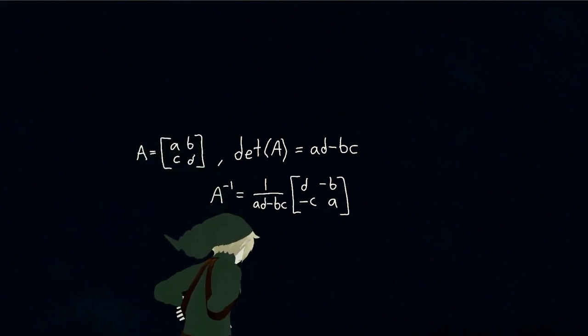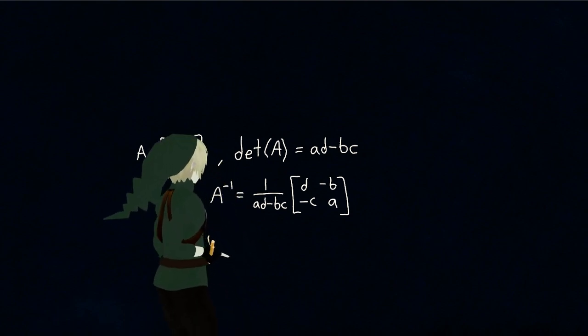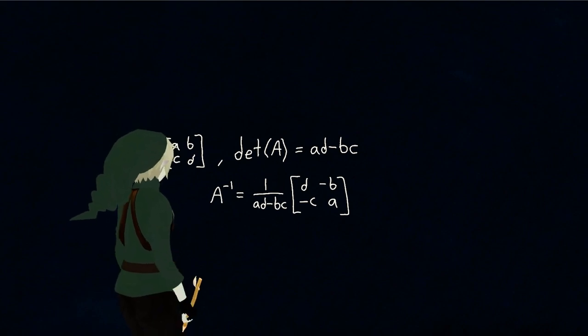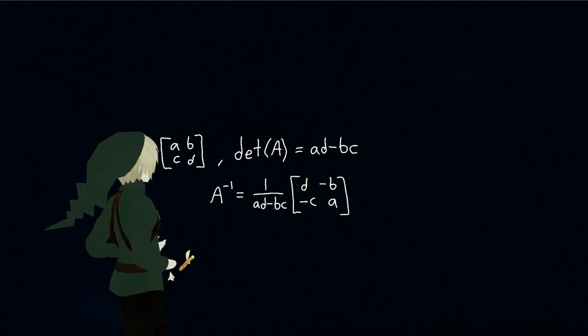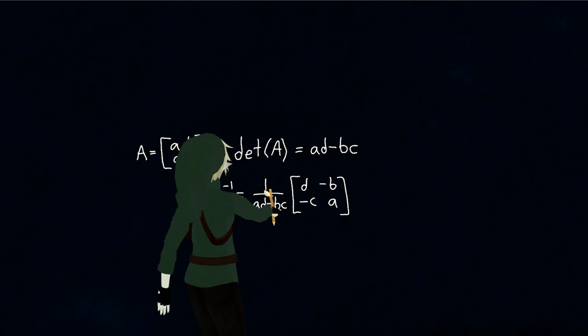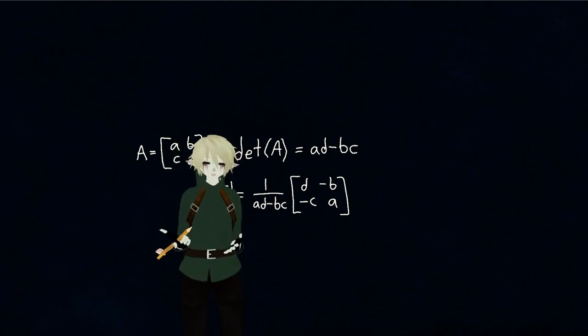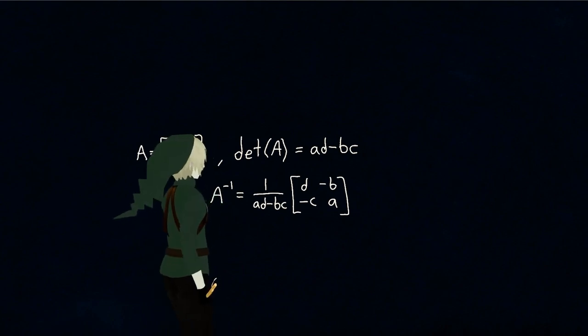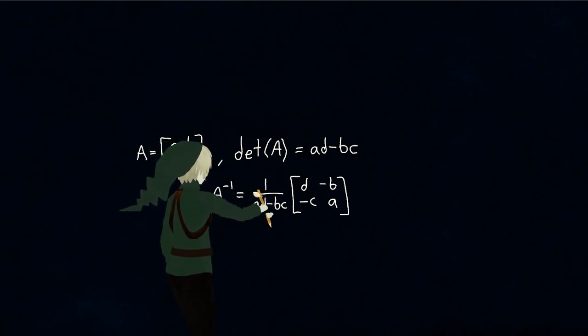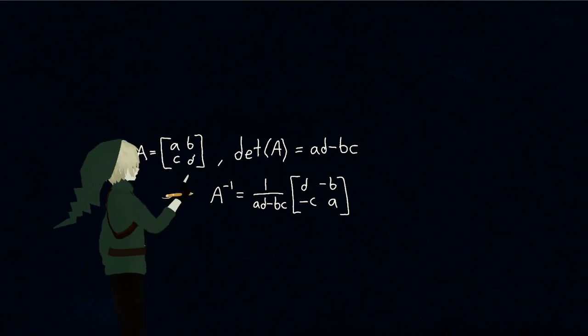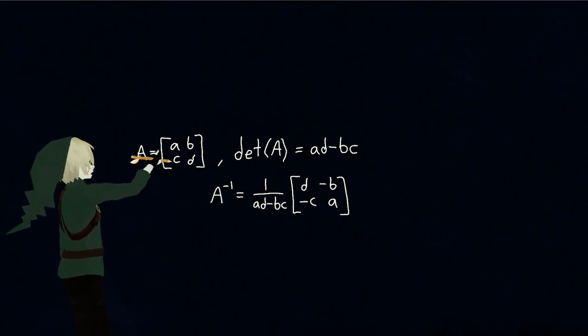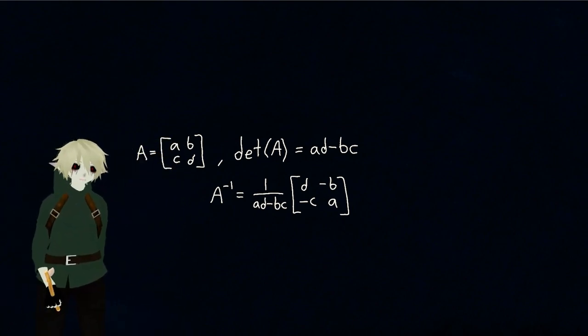Let me actually double check. Yes. Okay. So we call this portion the determinant of A. Now, why do we call it the determinant of A? It's because this is what determines whether this matrix A is invertible or not invertible.